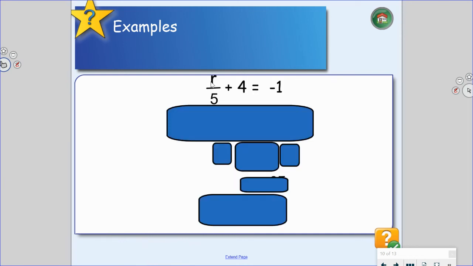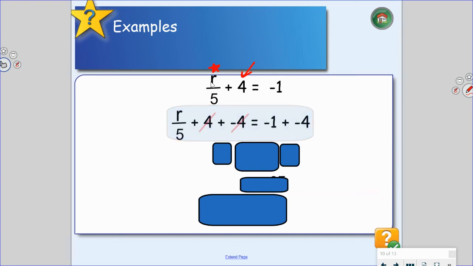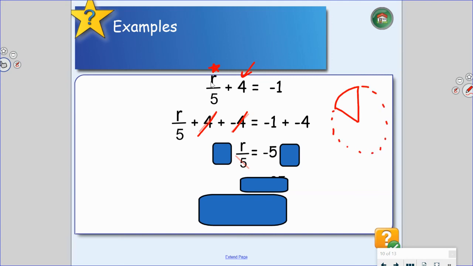Let's do another example. Looking here, once again, we see that we have part of an envelope of money, but it doesn't matter because we're going to get rid of that pesky $4. Before that $4 was added, we can take away that $4 and find a part of it is negative 5. But be careful here. We're not dividing both sides by 5. It's already divided by 5. We have a part where we want the entire thing.